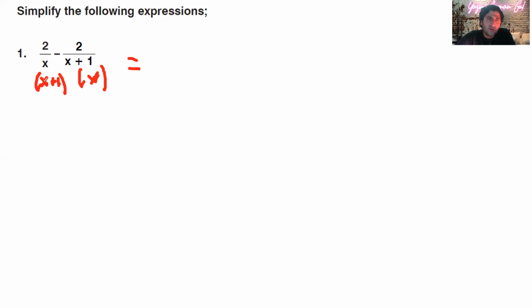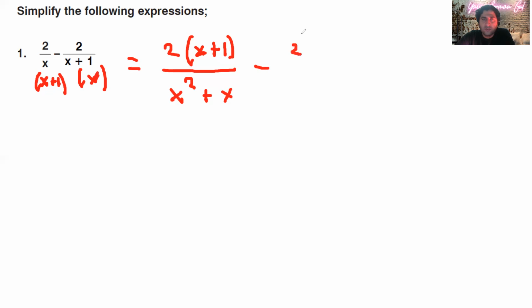So if I do that, the first one is 2 times x plus 1, over x times x, which is x squared, and x times 1 is x, so it's x squared plus x, minus x times 2, which is 2x, over x squared plus x.